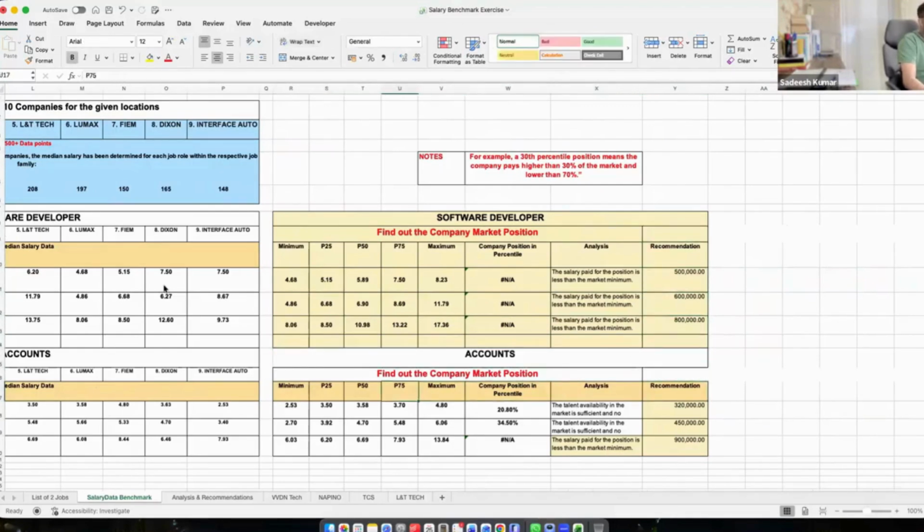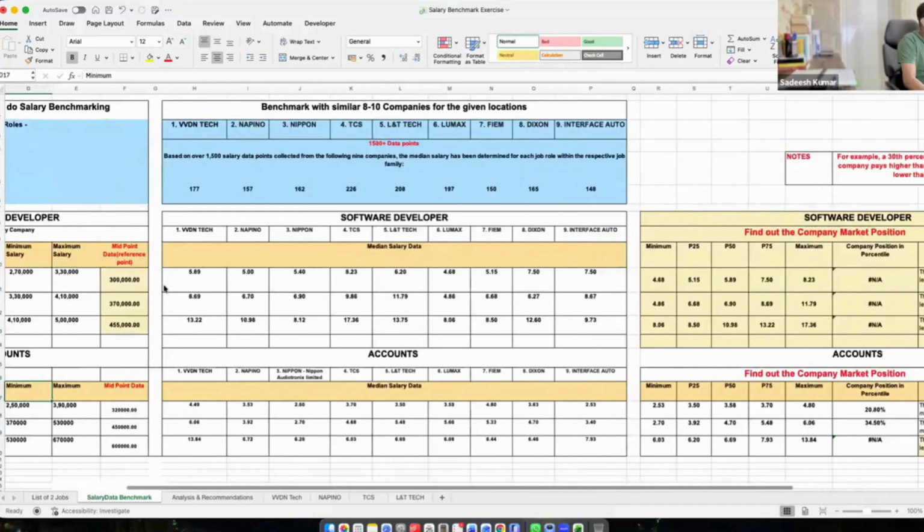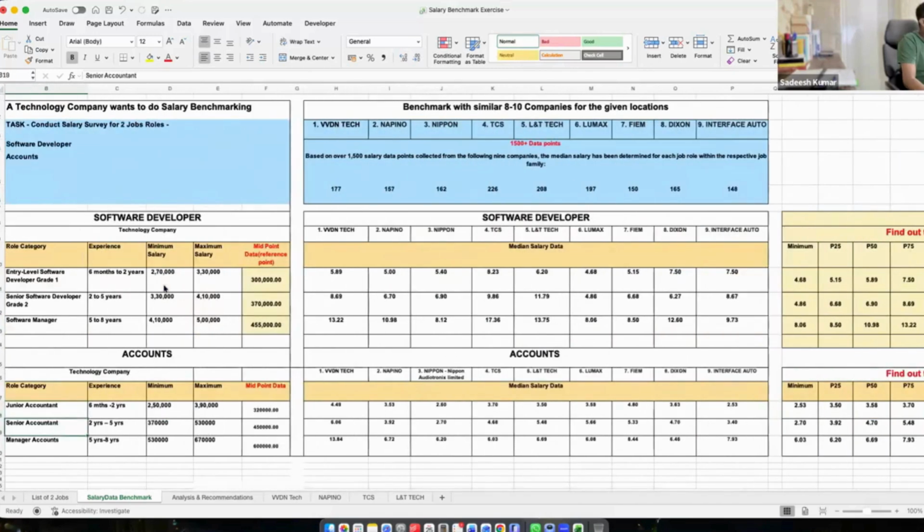The second was the same, but for accounts positions. Three positions were given: junior accountant, senior accountant, and manager accounts. In a similar way, we identified the midpoint by adding up both minimum and maximum and dividing by 2.